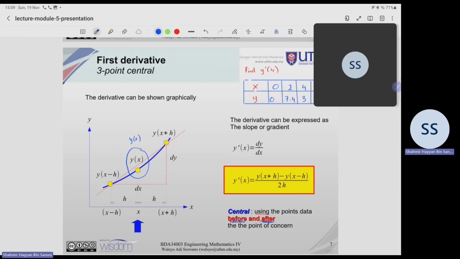Before is our y(x minus h), and we need to use the data after, which is y(x plus h). So the equation, y prime x by using 3-point central, is y(x plus h) minus y(x minus h) over 2h.